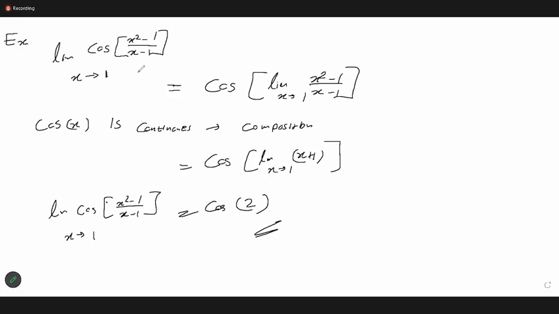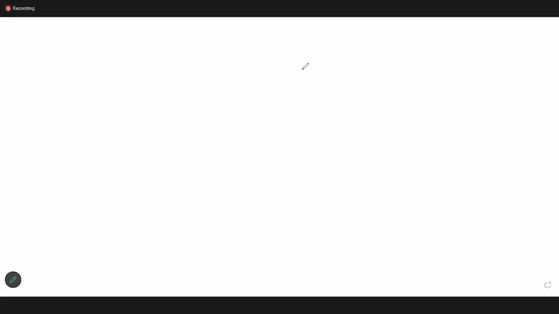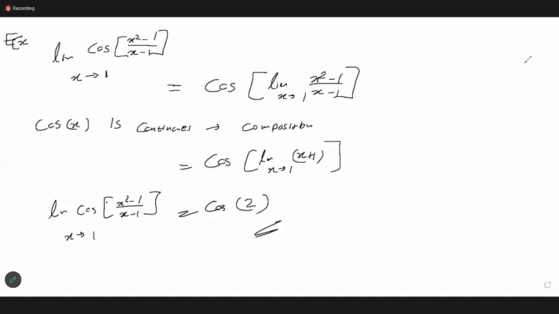Let's take another example. Limit of, our function is just like this: 3 squared plus cos x.